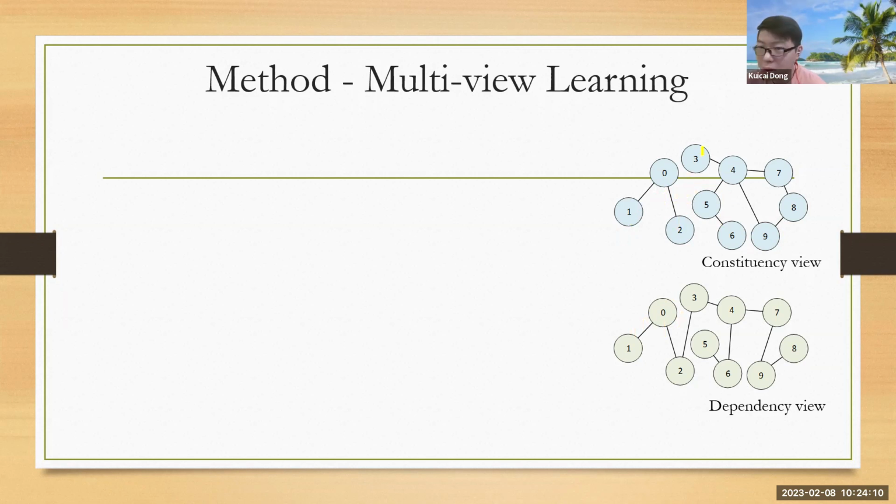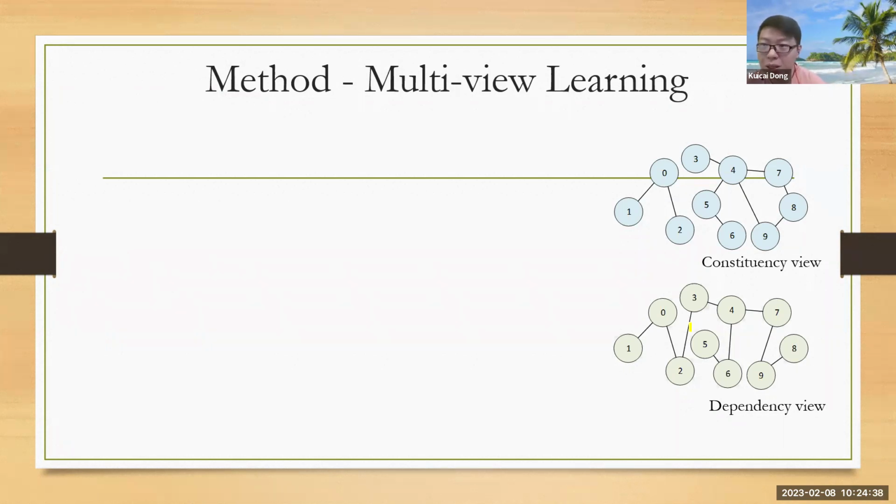But 2 and 3 are not connected in this view, but they are connected in another view. So this is complementary information. If we can perform learning on these two views, we can explore the complementary information. By combining them, it can perform better than using a single view. That is the beauty and the benefit of using multi-view learning.